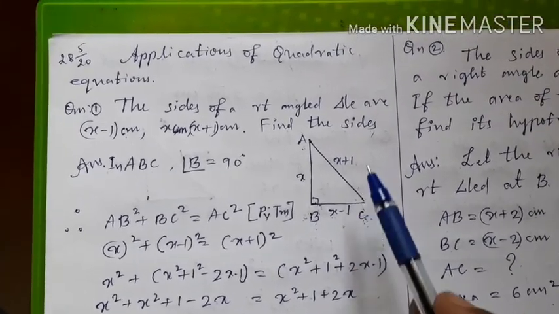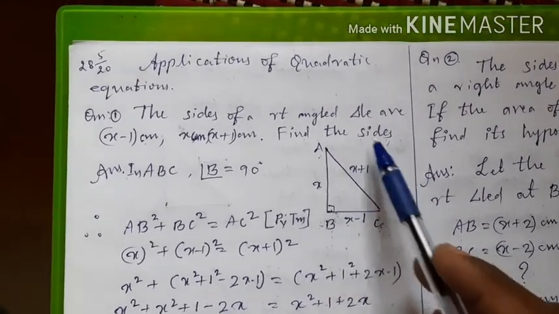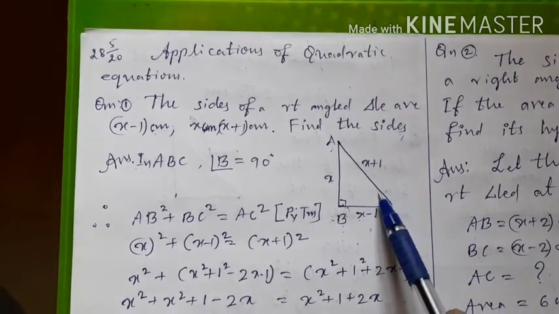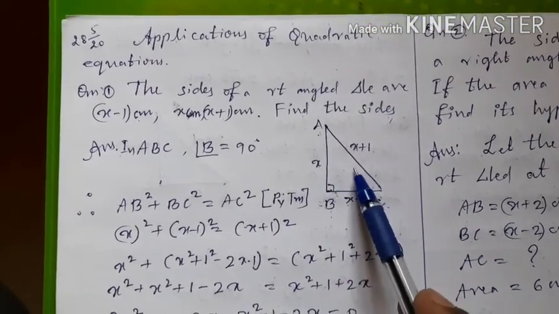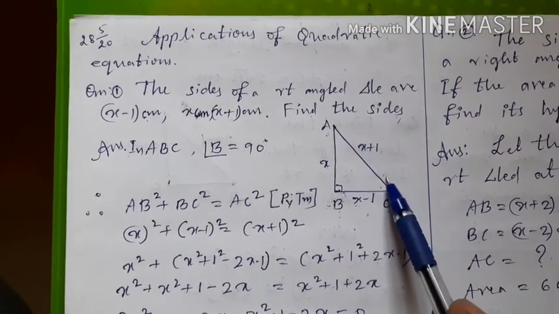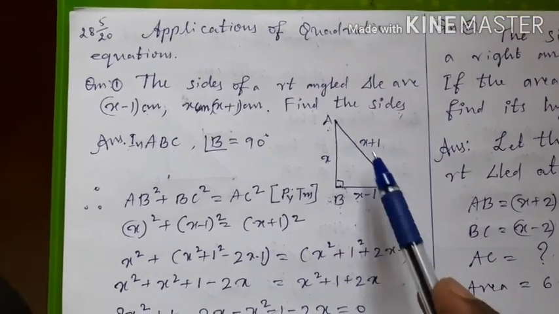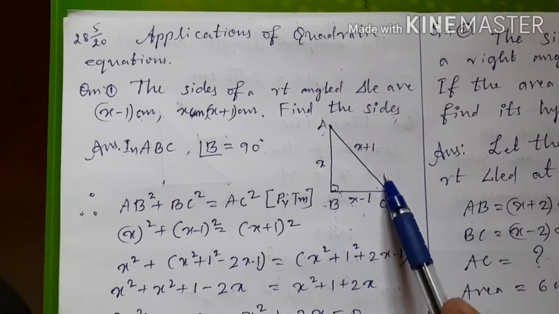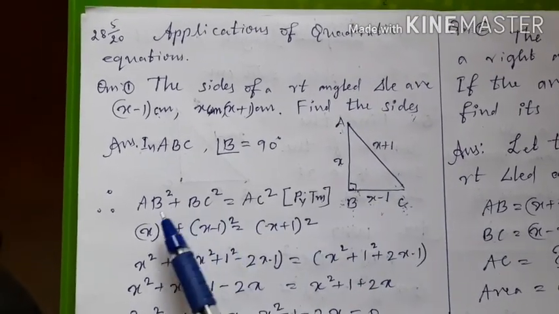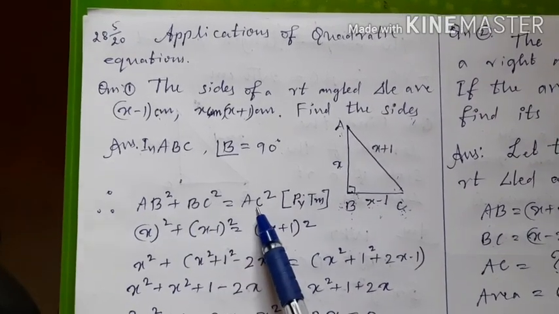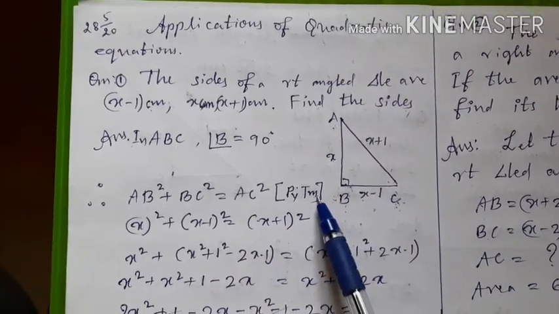I need to find the lengths of the sides of this right angle triangle. So in the beginning, I apply the Pythagoras theorem to right angle triangle ABC. Thus, AC square is equal to AB square plus BC square, or AB square plus BC square is equal to AC square by the Pythagoras theorem.